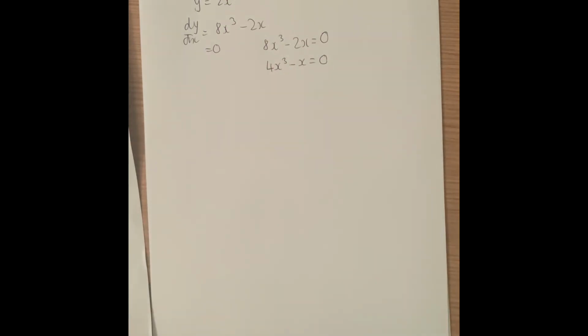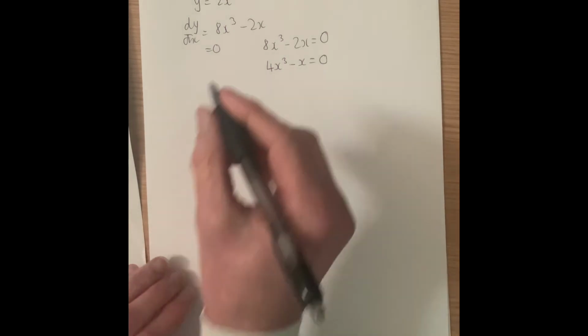I cannot divide by x, as tempting as it is, because the problem with dividing through by x here is I lose a solution. It's really tempting to write that as 4x cubed equals x divided by x. That'd be so neat. But you can't divide by x because x equals 0 is a solution.